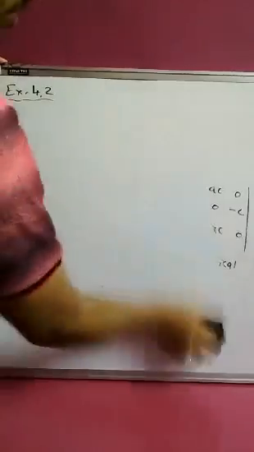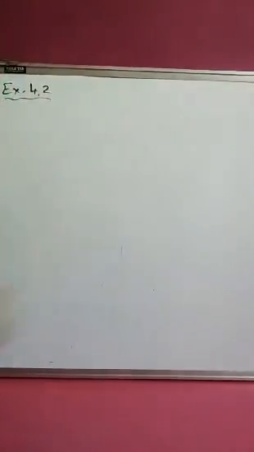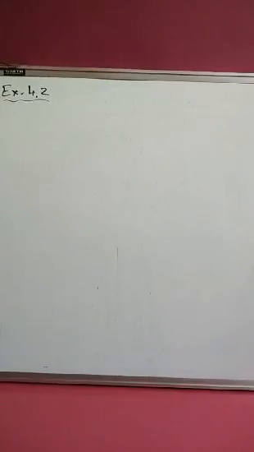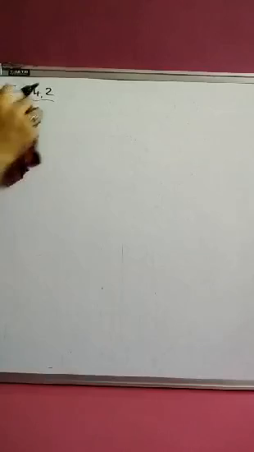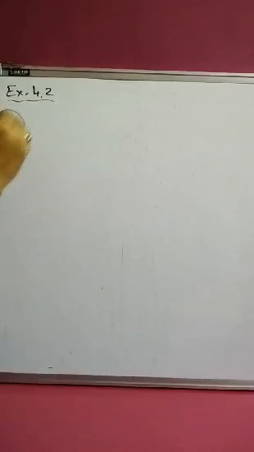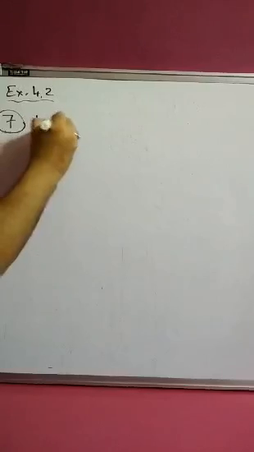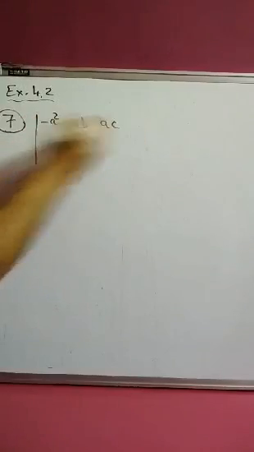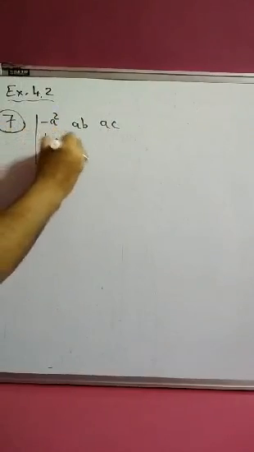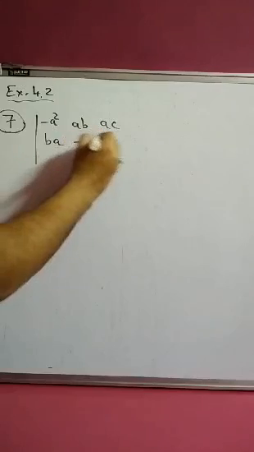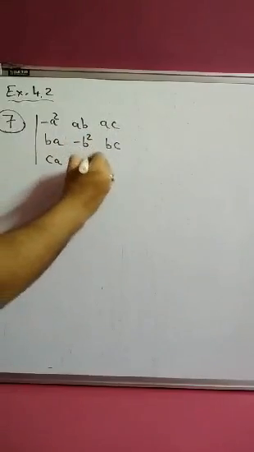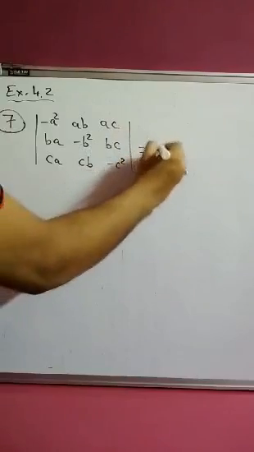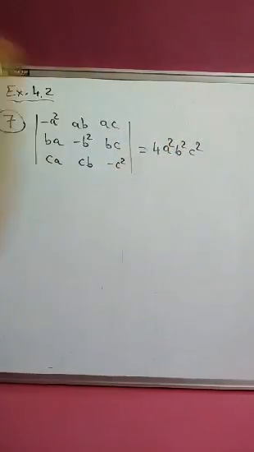Question number 7 we have the determinant with rows minus A square, AB, AC; BA, minus B square, BC; CA, CB, minus C square, is equal to 4A square B square C square.